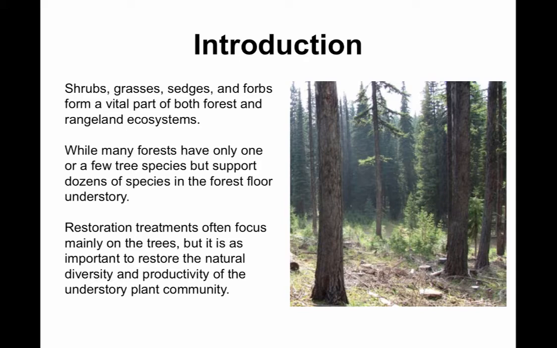And while in many instances these forest or rangeland ecosystems are going to be supported or dominated by one, two, three, or a small subset of dominant species, such as ponderosa pine here in this picture, the forest floor and the understory and the regeneration layer is often dominated by dozens of species that comprise the understory of these ecosystems.